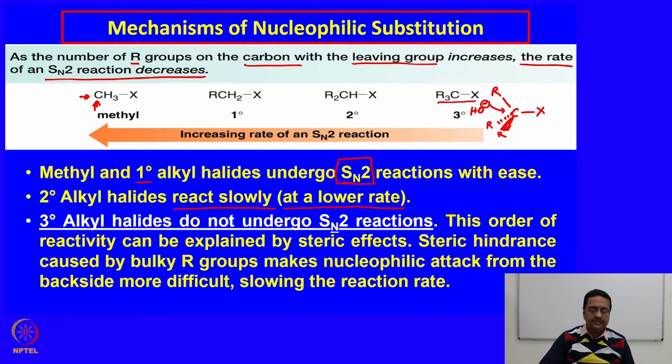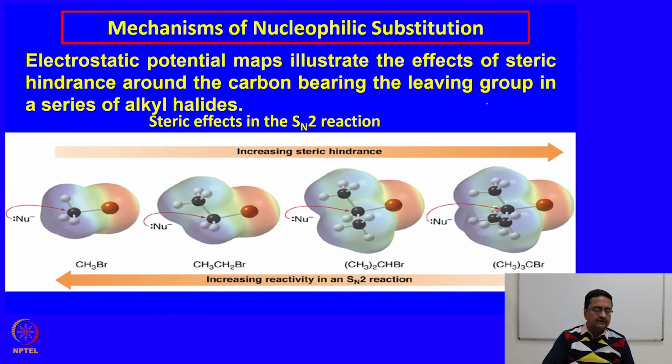This order of reactivity can be explained by steric effects, because you can see that because of bulky groups, the nucleophile cannot attack the electrophilic center of that alkyl halide, and hence the reaction rate is reduced. Electrostatic potential maps illustrate the effect of steric hindrance around the carbon bearing the leaving group in a series of alkyl halides here. So, you see what I have tried to show in the previous slide.